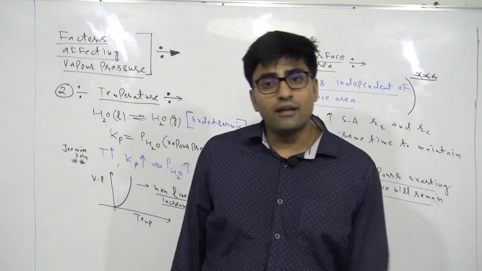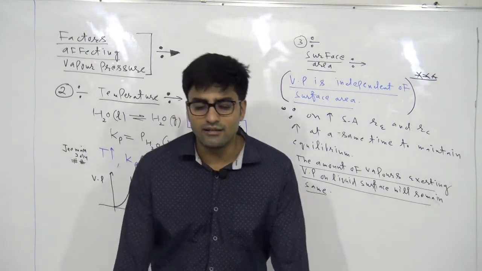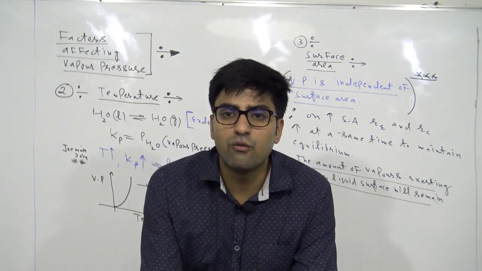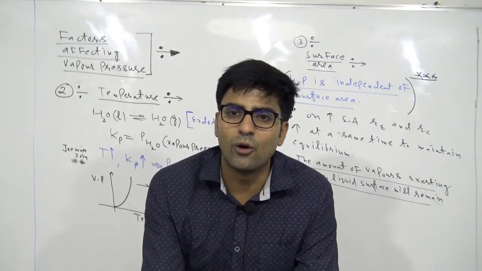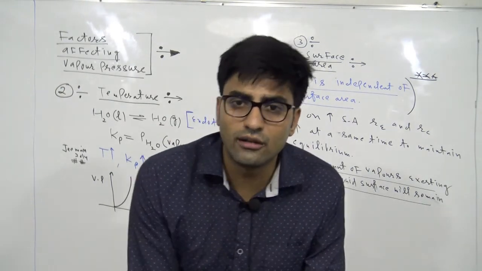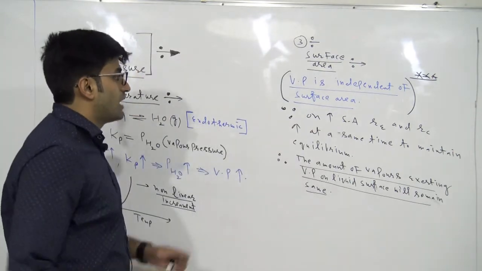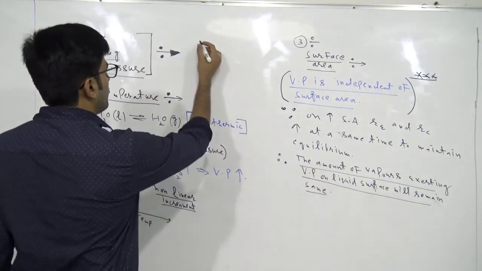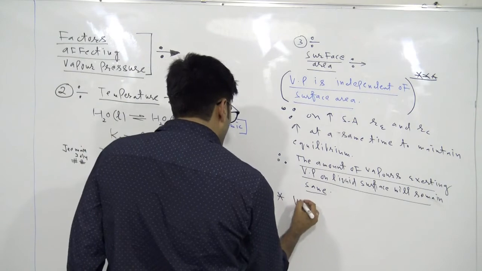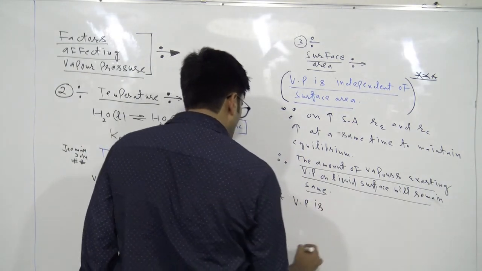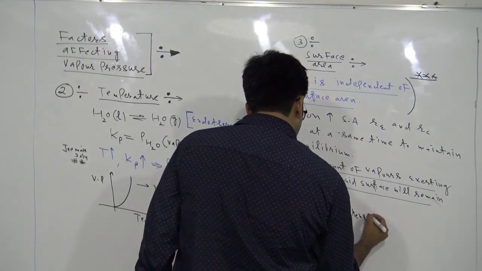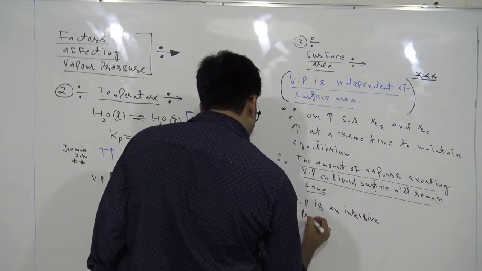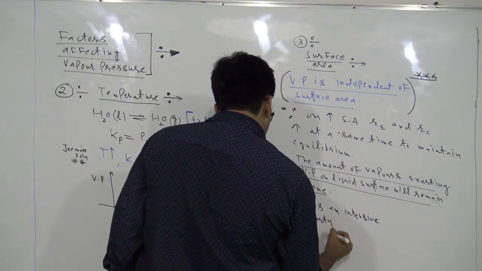I gave you the information that at 100 degrees Celsius the vapor pressure of water is 760 mm of Hg, no matter whether it is 1 liter, 10 liter, or 1000 liter of water. So I can say here as an important point, I am writing: vapor pressure is an intensive property.